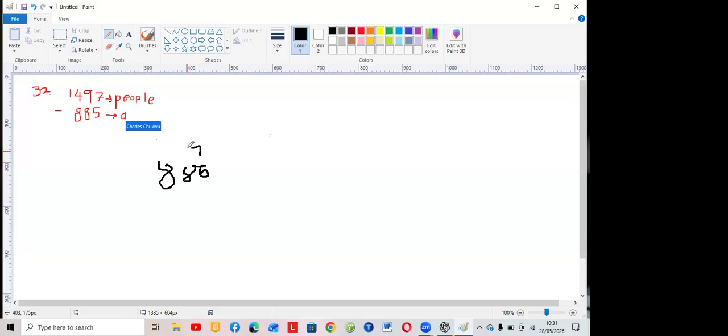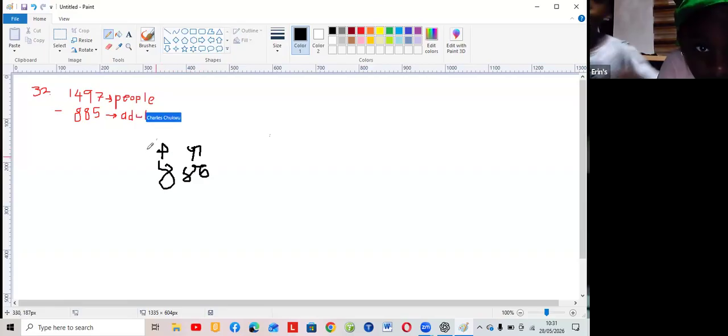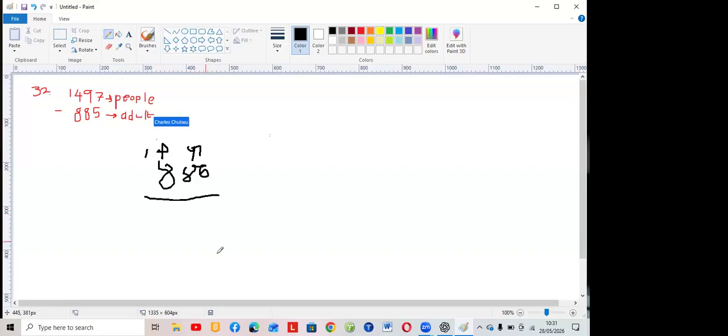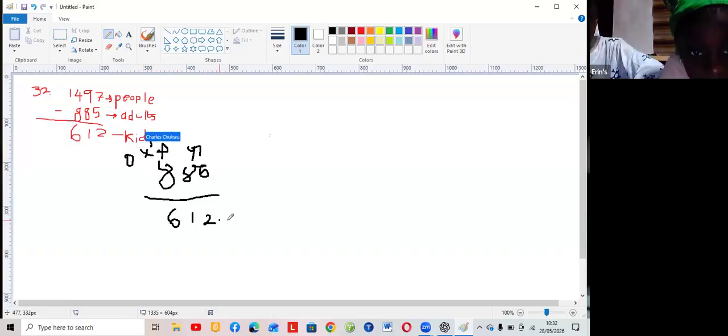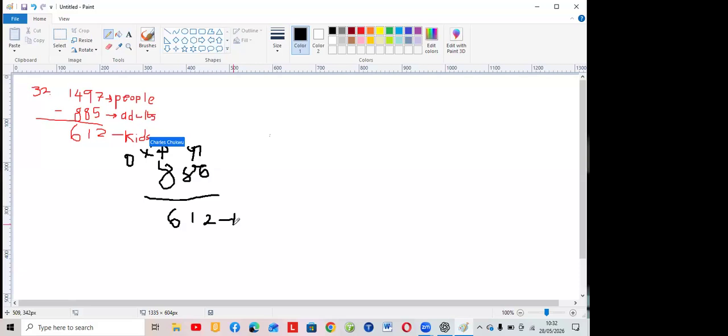So 7 minus 5 is what? 7 minus 5 is 2. Okay, we have 2, we have 1. You can see even the subtraction is not hard. And then we have 6. So that's 612 children. Permit me to just call them kids for now, because writing with annotation is not easy. Okay, so 612 kids.